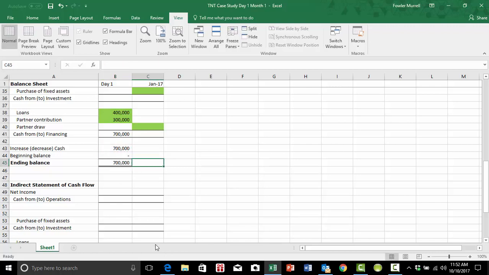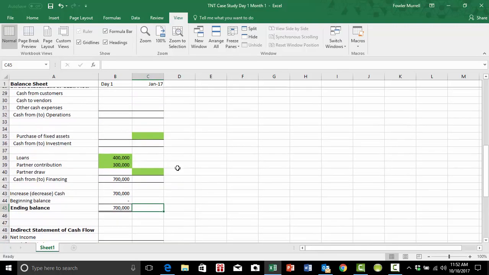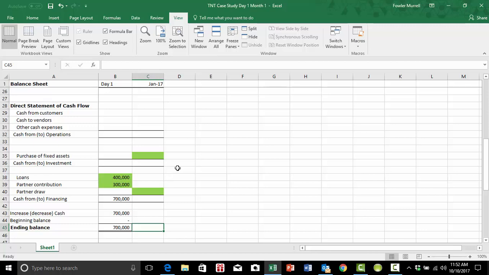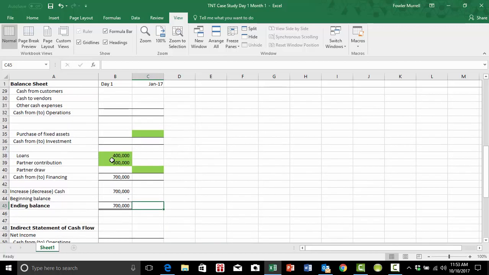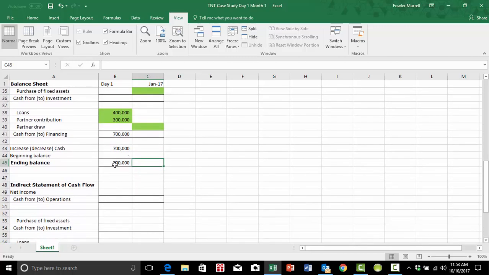Our ending balance is $700,000. So now we've completed our direct statement of cash flow for day one. We got a loan and partner contribution, and that's it. All right.